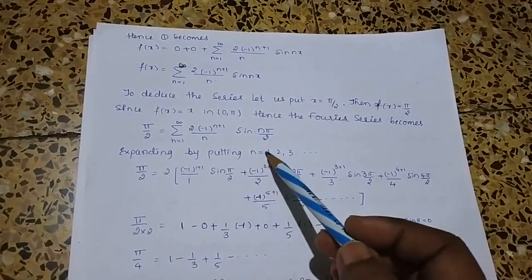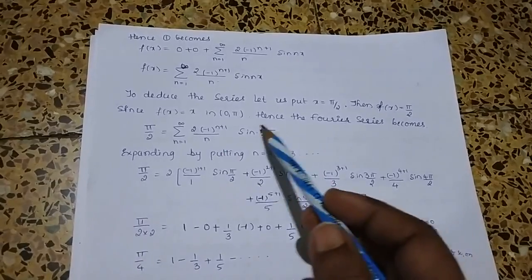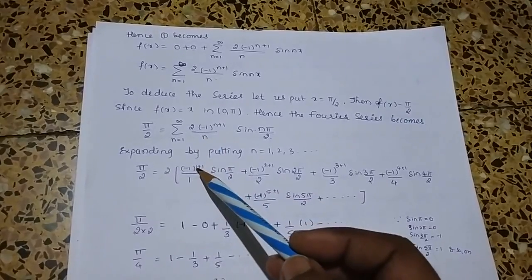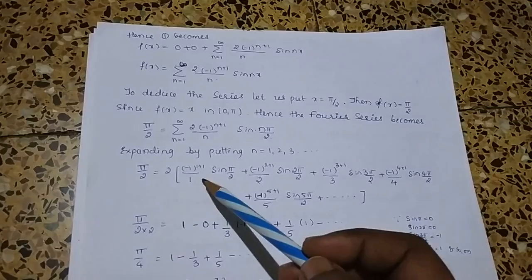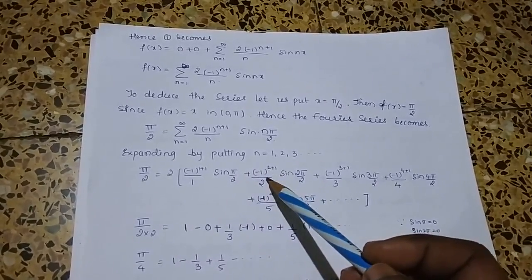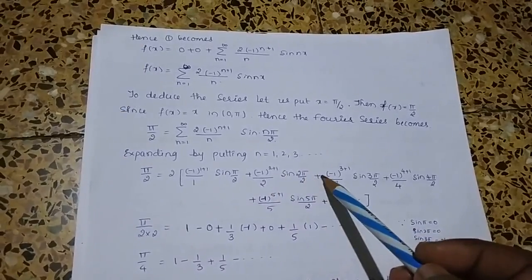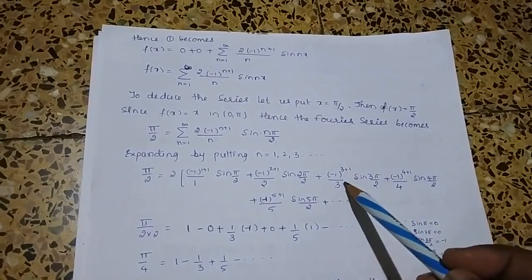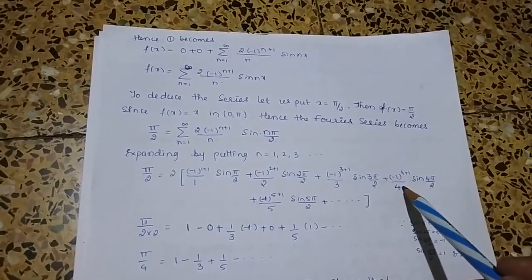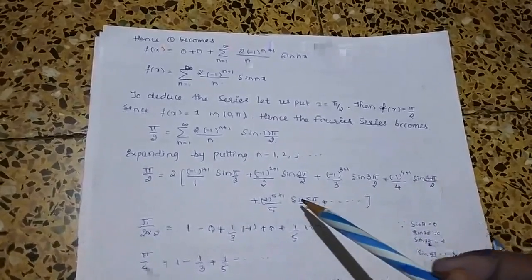Expanding by putting n equals 1, 2, 3: pi by 2 equals 2 into bracket minus 1 raised to 1 plus 1 upon 1 sin pi by 2, plus minus 1 raised to 2 plus 1 upon 2 sin 2 pi by 2, plus minus 1 raised to 3 plus 1 upon 3 sin 3 pi by 2, plus minus 1 raised to 4 plus 1 upon 4 sin 4 pi by 2, plus minus 1 raised to 5 plus 1 upon 5 sin 5 pi by 2, plus so on.